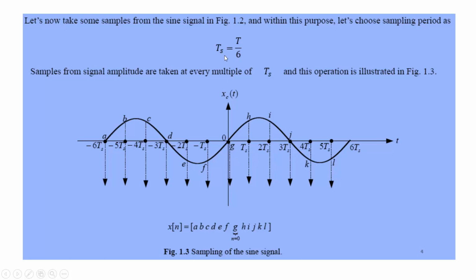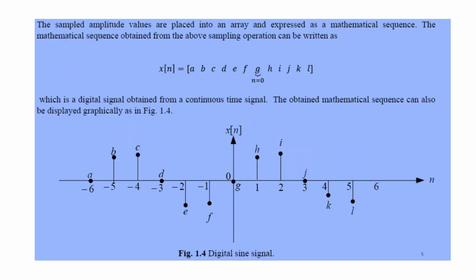That's the importance of the sampling period. So x[n] will be a discrete sequence, which represents the sampling of the sine signal.